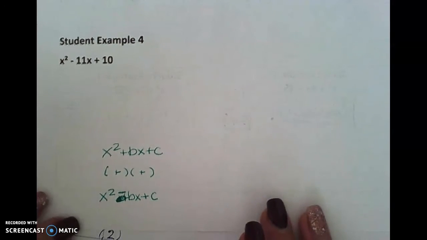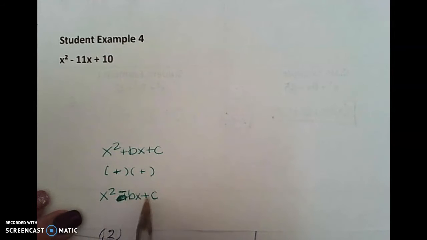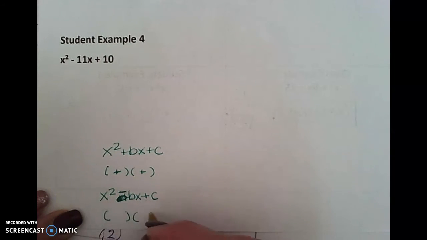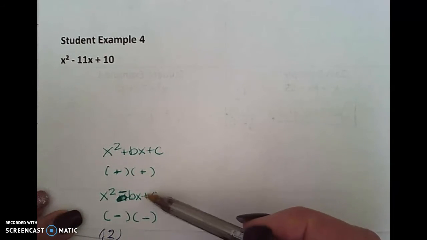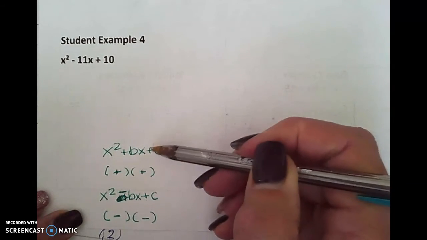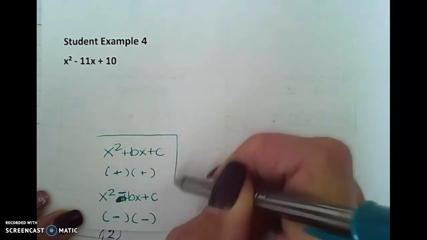The middle term is negative. When the middle term is negative but the end term is positive, our signs are both going to be negative. We're going to find the factors of c that add to be b. This is when the signs are the same.